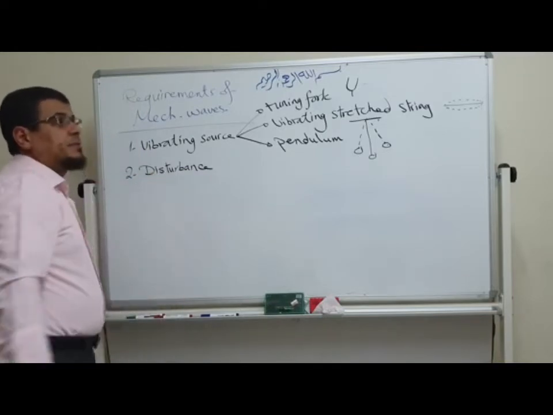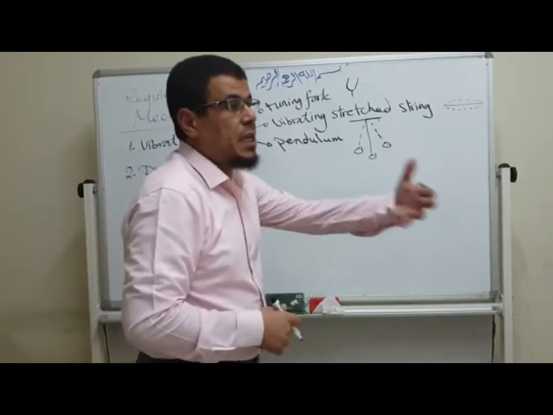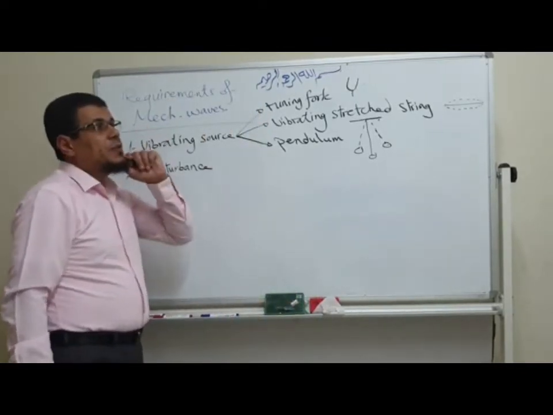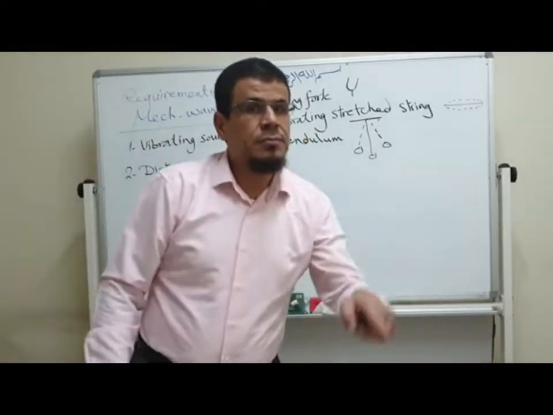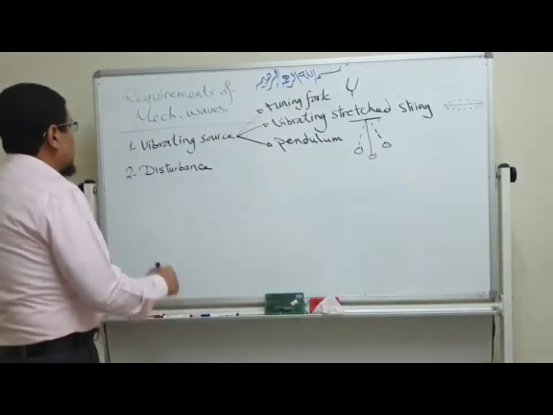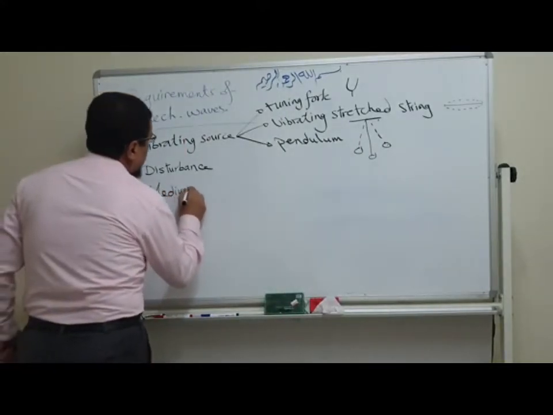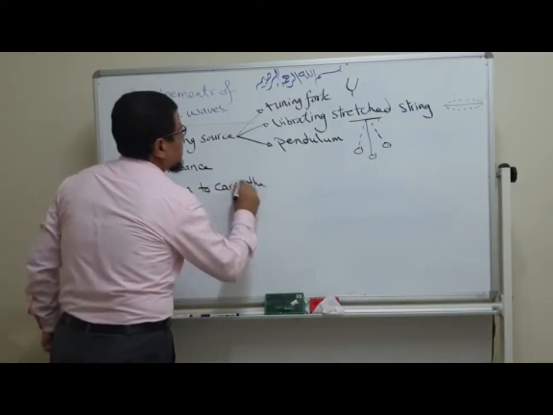This disturbance needs to be carried. What are these mechanical waves? Mechanical waves only propagate through a medium. So I need here a medium to carry the vibration or the disturbance.